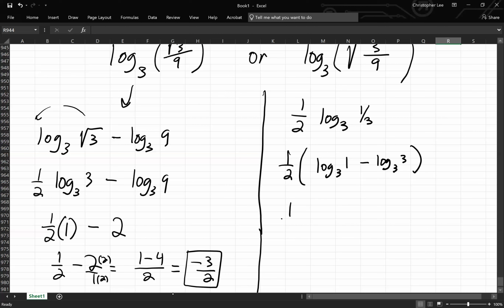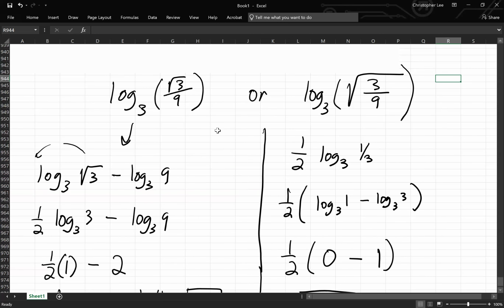So I could tell you that this would be 1/2 times 0 minus, 3 raised to the 1 power is 3, so this will be 1. So this is just what? Negative half. Okay. I don't know which one is the actual question because it's not clear the way it's typed, but here's how you would do it if it was either one of the ones that I wrote here.